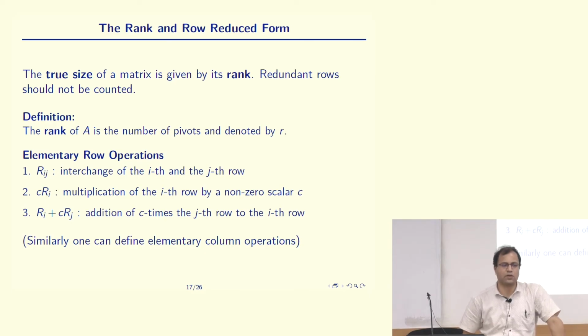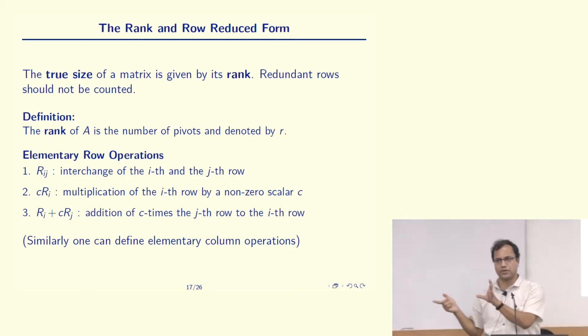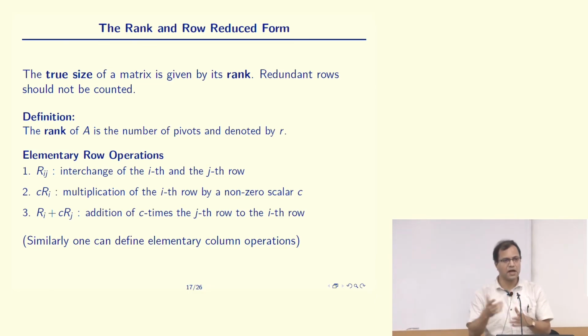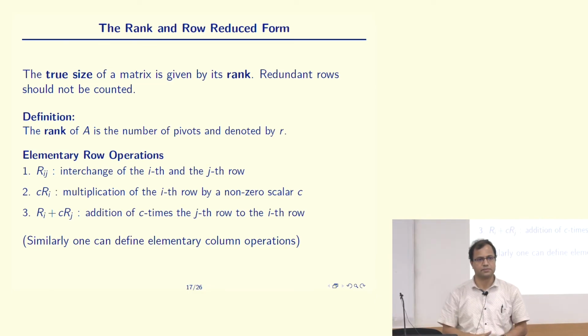So what do we compute? We compute the true size. So we know how we can compute the pivots, right? So the rank is the number of pivots in a matrix. Like, what was the rank of the previous matrix, where we just computed the null space? 2, right?